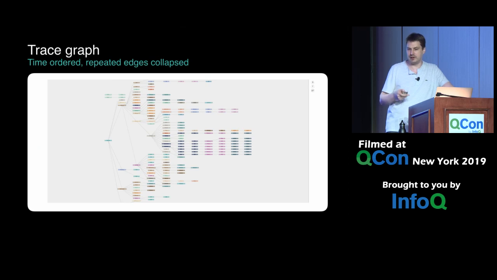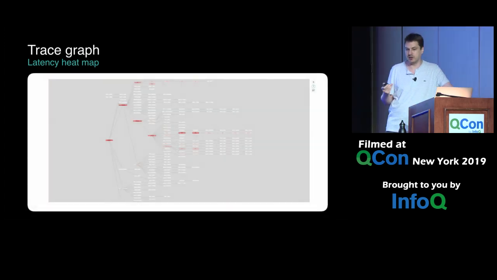Although you can imagine other color coding, maybe if you color it by the type of technology used by the service. So you can say, oh, these are my Java services, these are my database services, things like that. That might be a lot more useful than just a random color coding by service. But the other type of color coding is a heat map of latencies, right? So here we essentially just use the red heat map to represent the longest duration of a span.